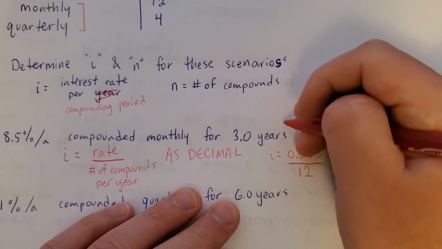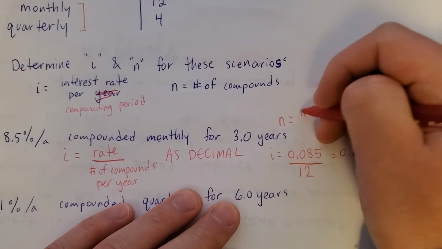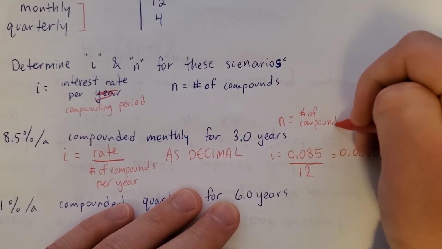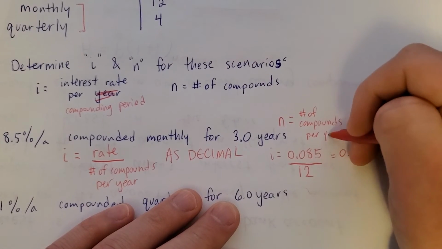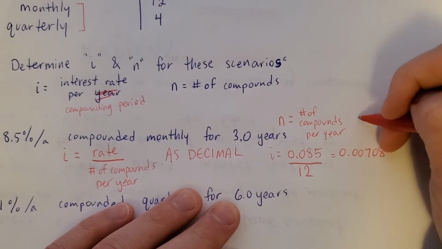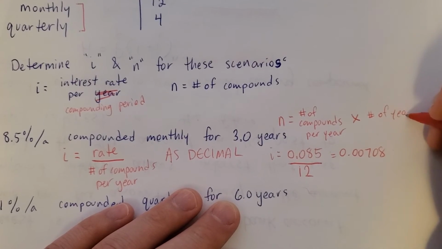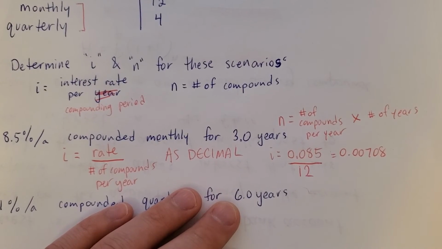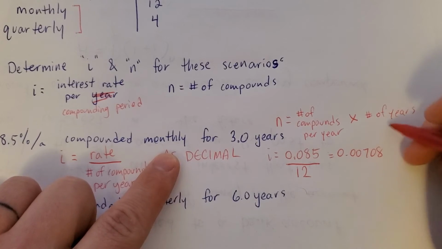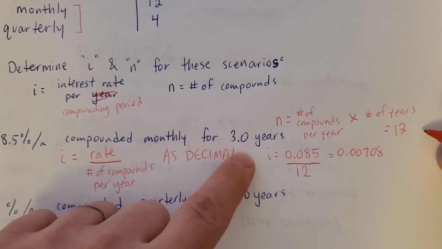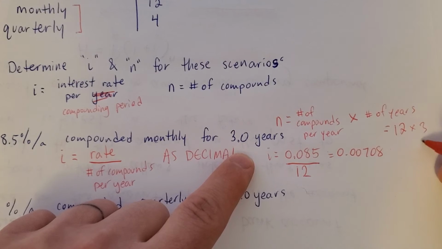To find N, it's the number of compounds per year times the number of years. N is usually pretty darn easy to figure out. Compounded monthly is 12 times per year. 3 years is like that. So N is just going to be 36.